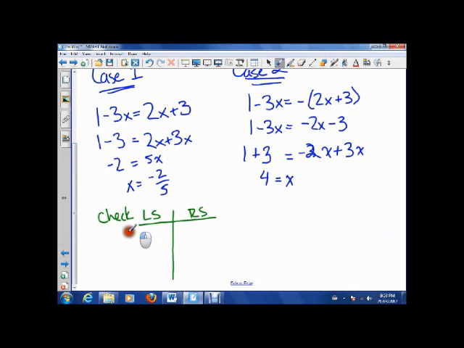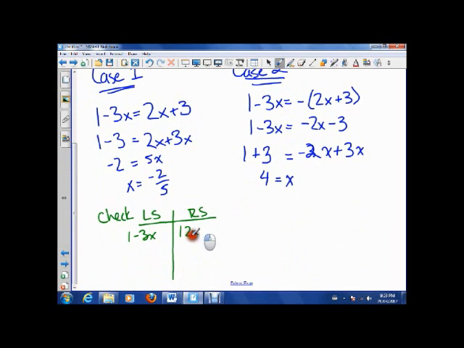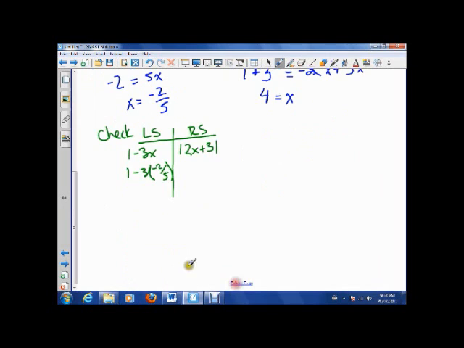Okay, so on the left side we have 1 minus 3x, right? And on the right side we have absolute 2x plus 3. Okay, so let's plug in our x. So we get 1 minus 3 times negative 2 fifths, and that gives us 1 plus 6 fifths, which is 11 over 5.